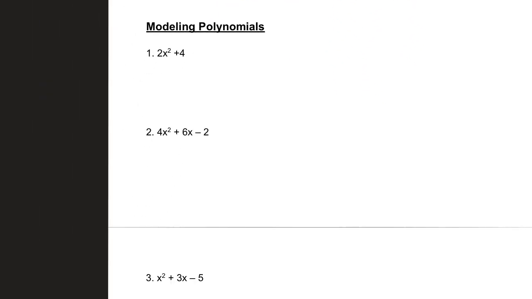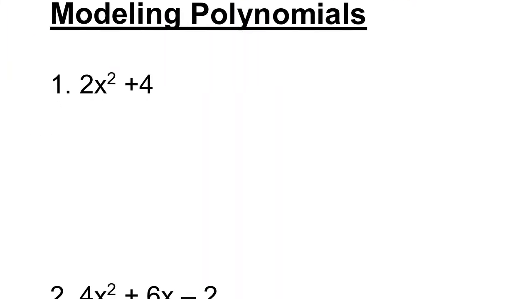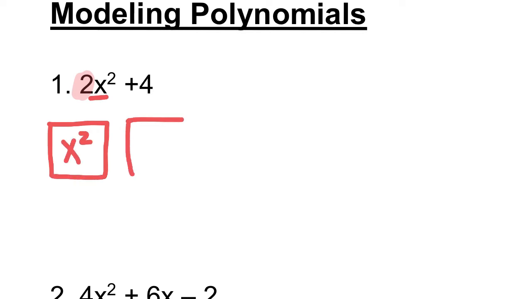So now let's try our hand at modeling polynomials. This term right here is 2x squared plus 4. So the coefficient here represents how many of the tile is represented. So the tile is x squared. That's the big square.